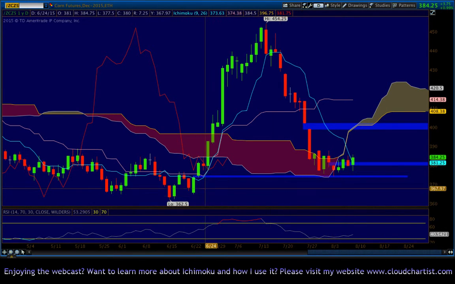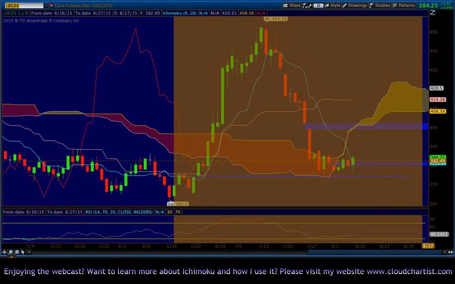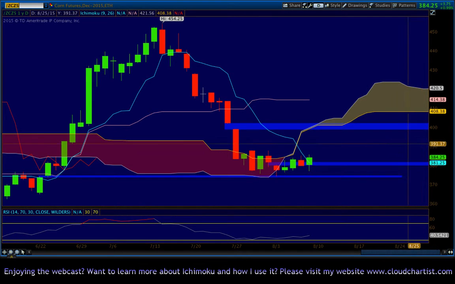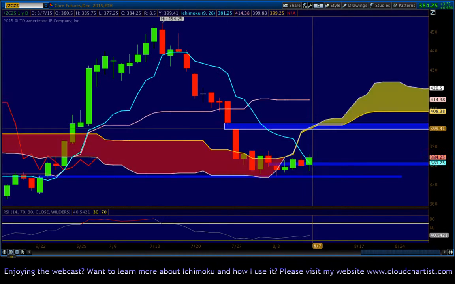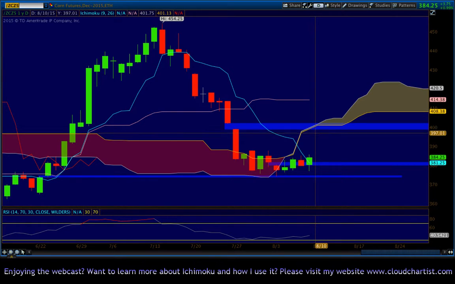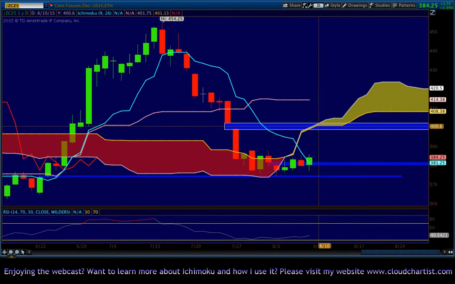Let me get a little bit closer. So we put in a close over the Tenkan-sen, and we have basically clear space all the way up till we have this gap window, and then the cloud above. Where the candle was going to be located, the cloud above is at around 400 even, 401.